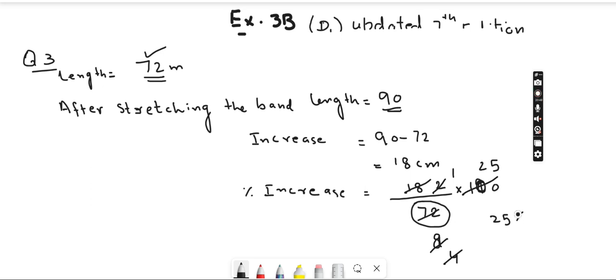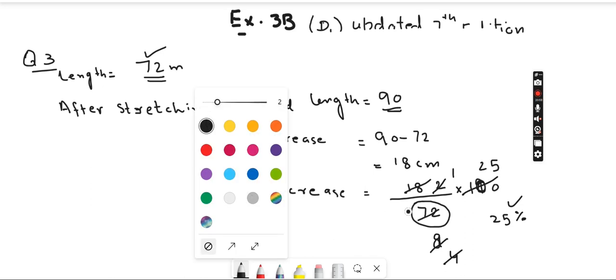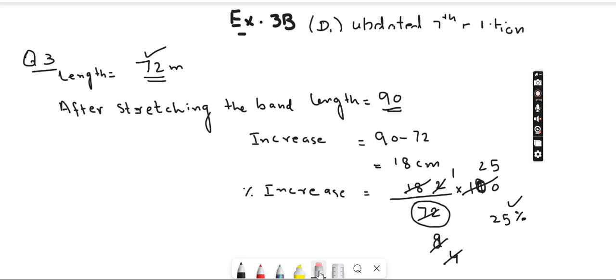So there is 25% increase in the percentage of 72 that comes as a result of 90 from here. So this was all about question number 3.